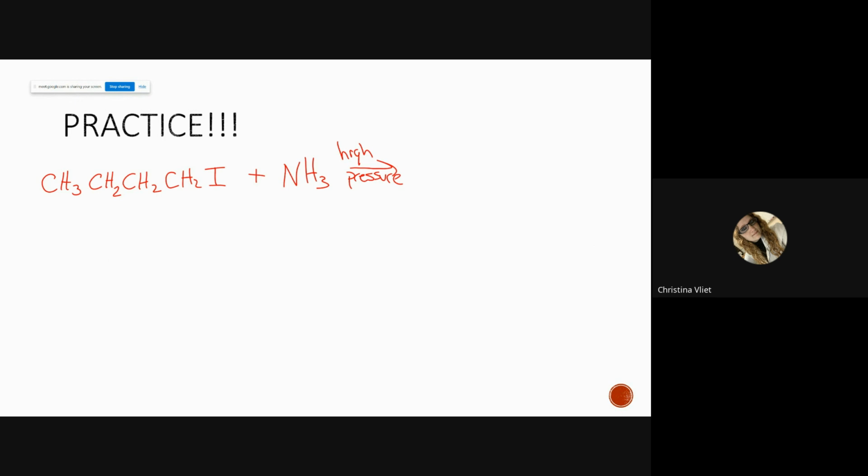First of all, what type of reaction question do we have? Nucleophilic substitution. Yes. Okay. And so the iodine gets out, and you've got to remember it's NH2 plus HI, because nitrogen only makes 3 bonds.